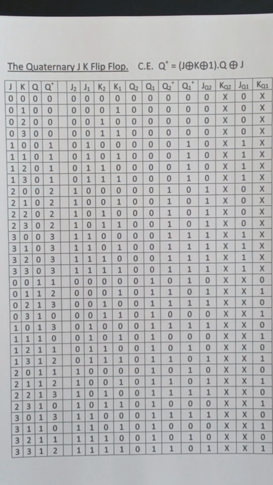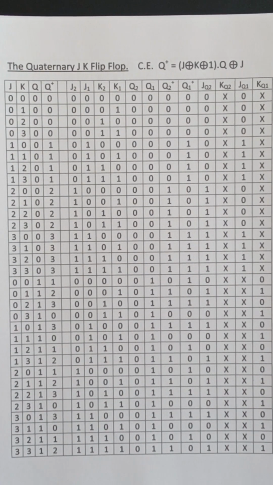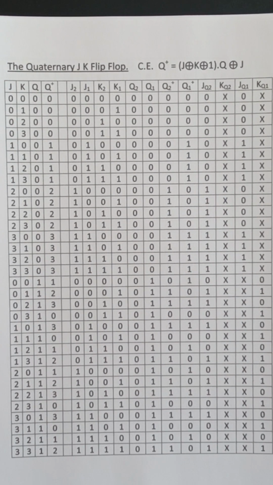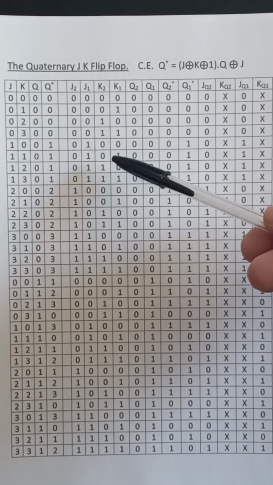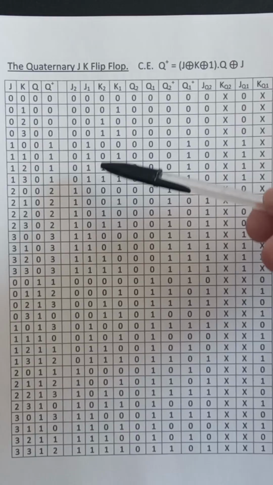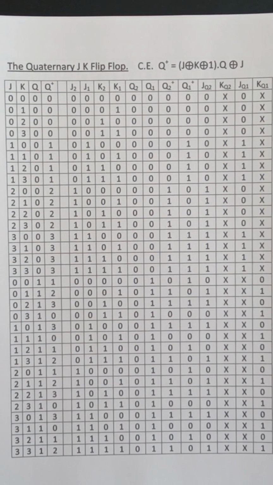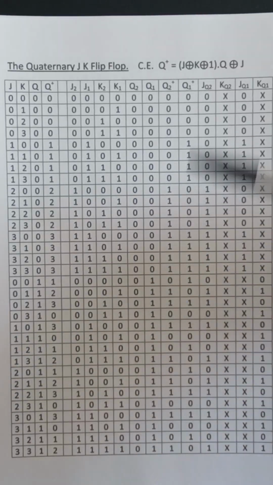So it's the same coding, and there are no states that you have to take into consideration, because every binary logic state is accounted for by a quaternary logic state. So unlike the T flip-flop, the ternary version, it's just a straight conversion.